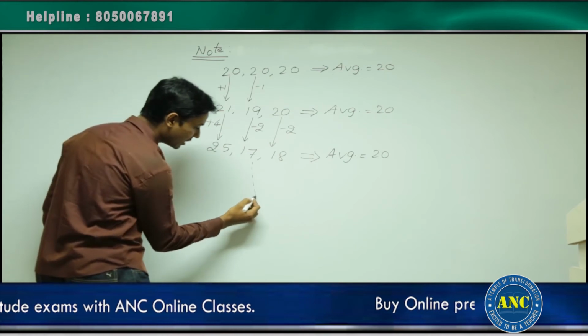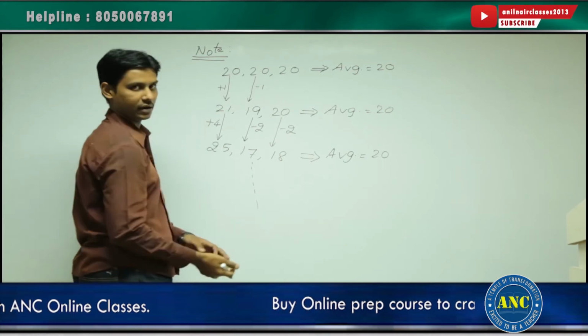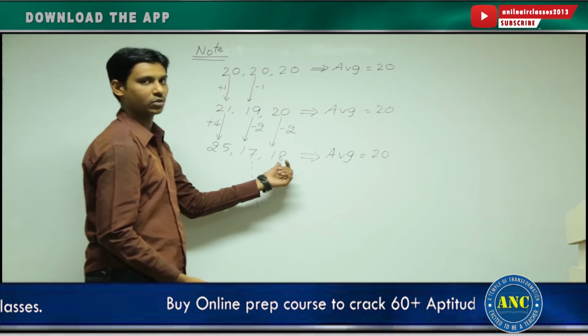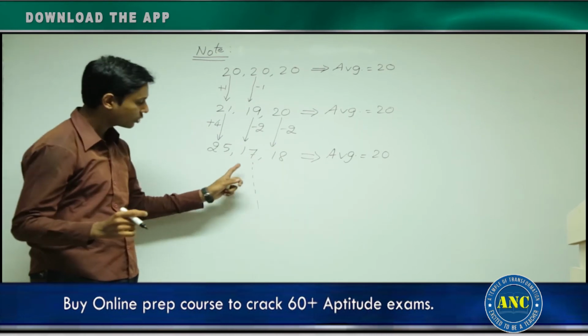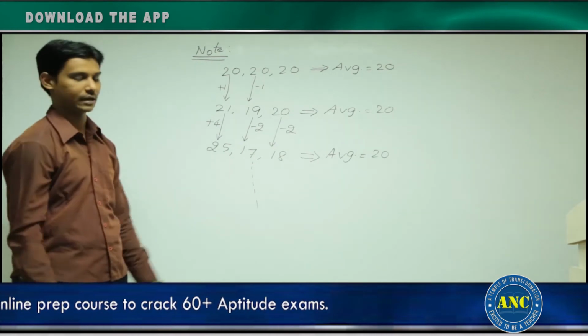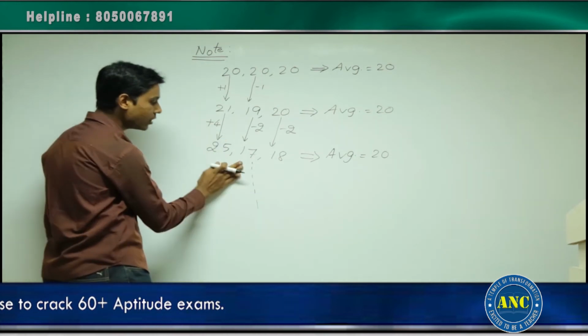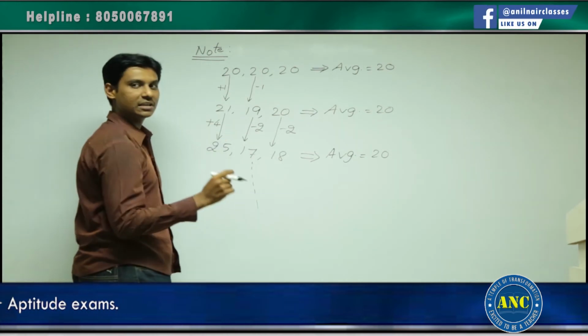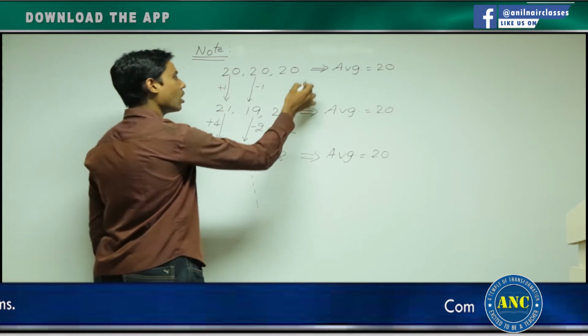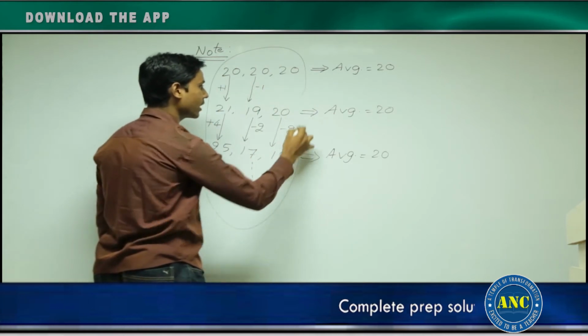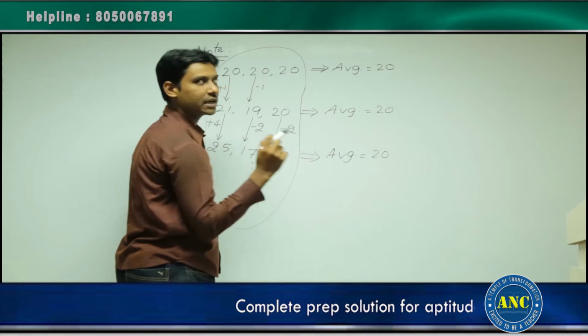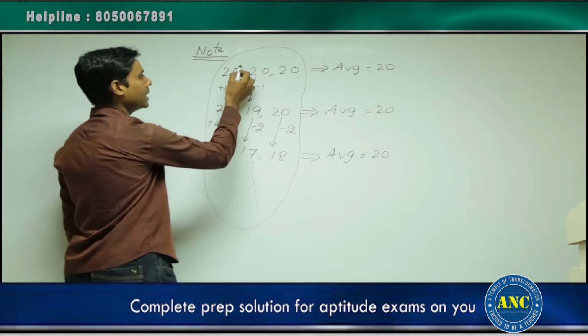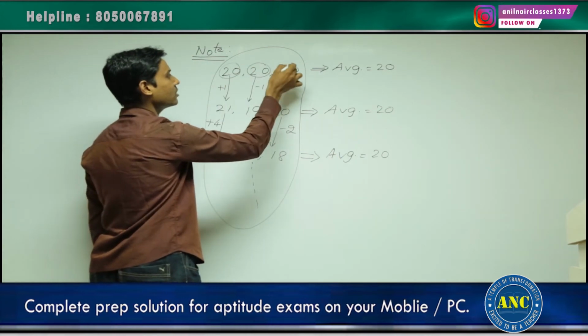You can keep on increasing this by 1, decreasing this by 1. Increase this by 2, decrease one by 1, another by 1. Like that you can keep on forming as many series as you want. But out of all the series you can develop to get the average at 20, the easiest series that you can develop is making all the numbers in the given series 20, right?